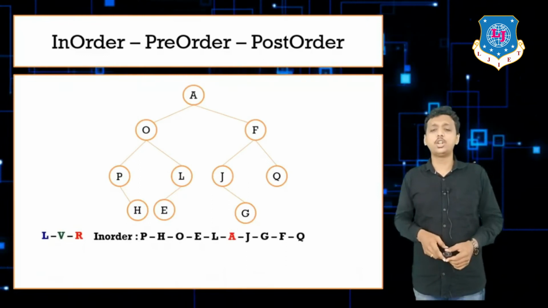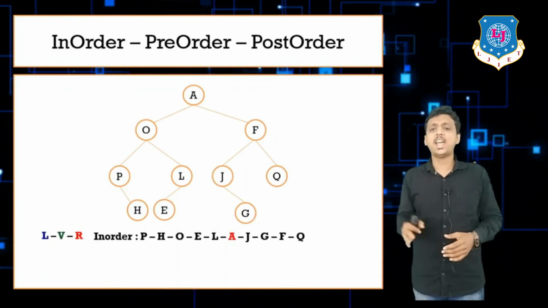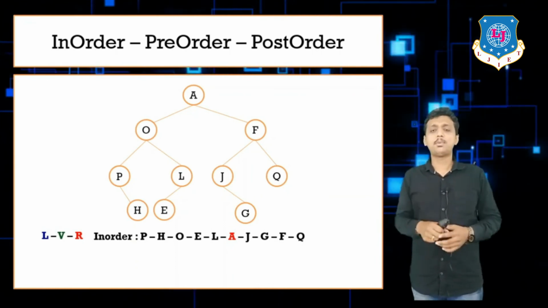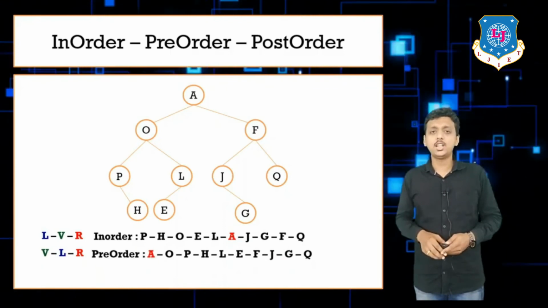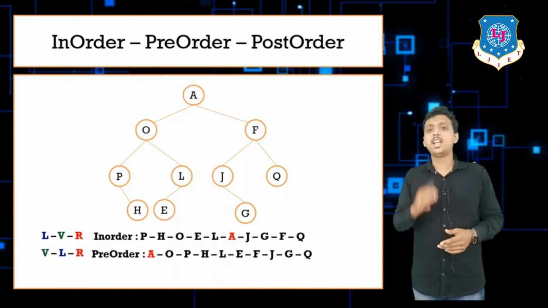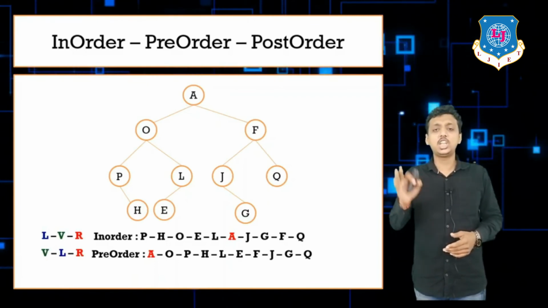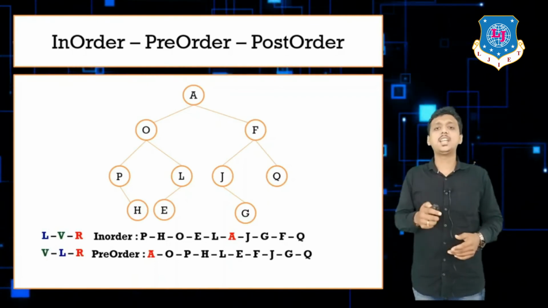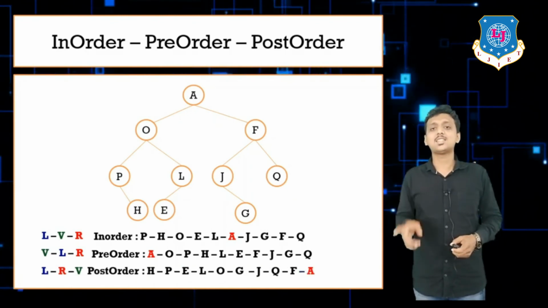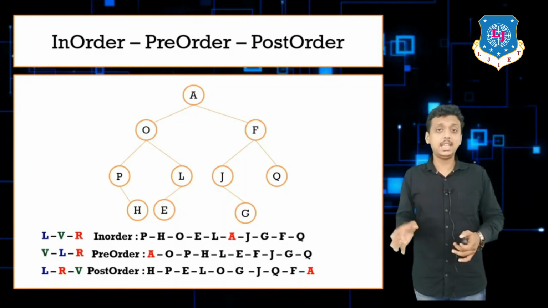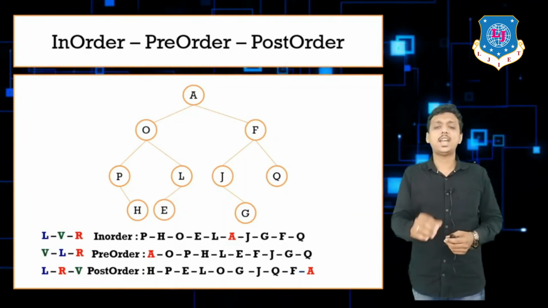That is your in order answer: P, H, O, E, L, A, J, G, F and Q, where you are performing the LVR method. Then that is pre-order, the VLR method, and the answer is A, O, P, H, L, E, F, J, G, Q. And in post order, the root node is at last. That's why H, P, E, L, O, G, J, Q, F and A.